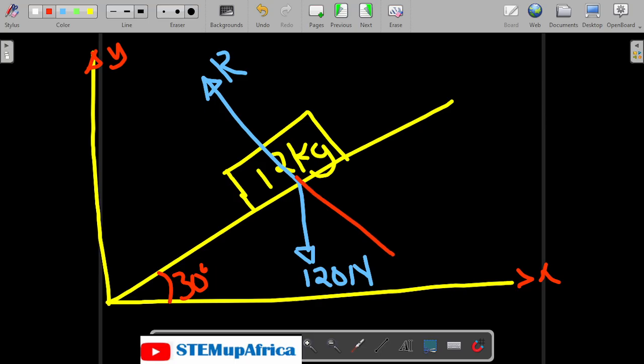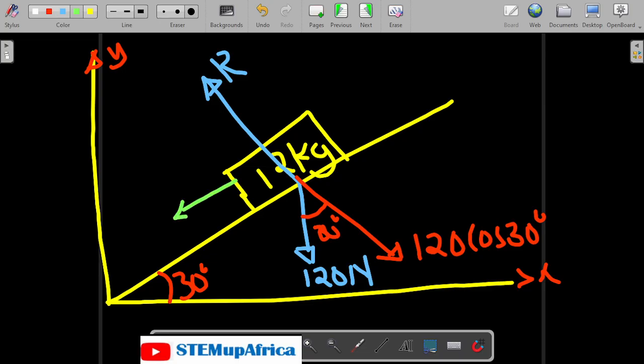So I can now resolve this body. Here is also my 30. If I resolve to the vertical, that will give me 120 cos 30 degrees. With the resolution of forces in one of our videos, you can check why it is 120 cos 30. Then if I resolve to the horizontal, I'm going to have 120 sine 30.